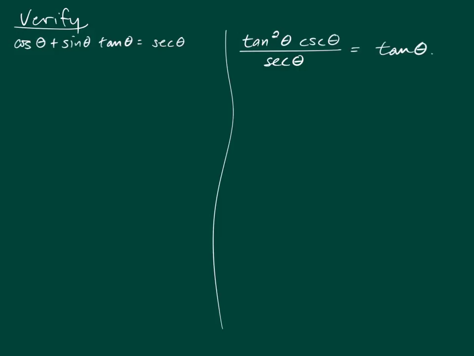So this leads me to believe that I'm going to want to write the secant theta way down here. So now this equals secant theta is off my radar. I'm trying to rewrite cosine theta plus sine theta tangent theta as a secant theta.